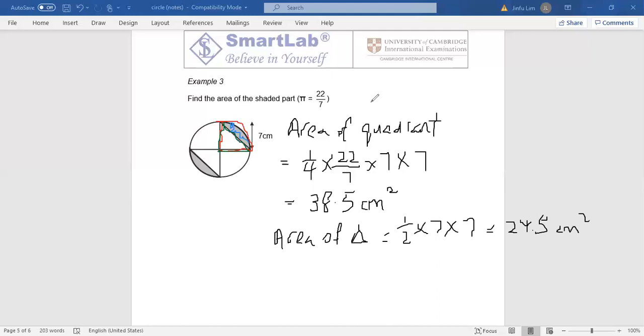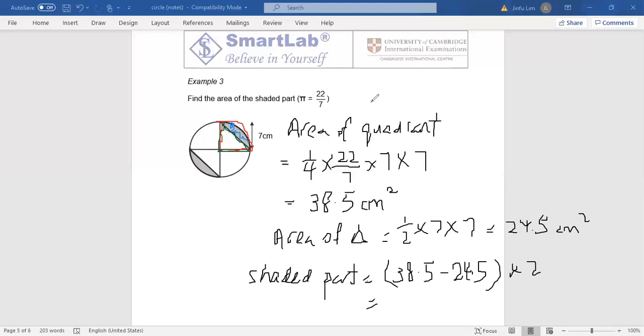So to find the shaded part, we will take the area of 1 quadrant, which is 38.5, minus 24.5. Then don't forget there's 2 of these, so you times 2. So your final answer should be 28 cm squared.